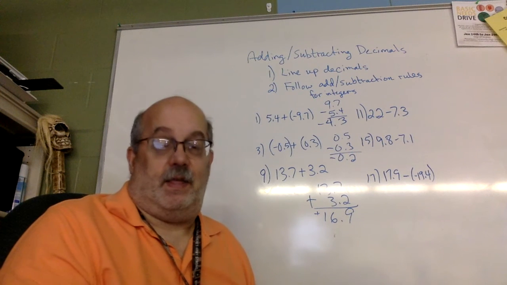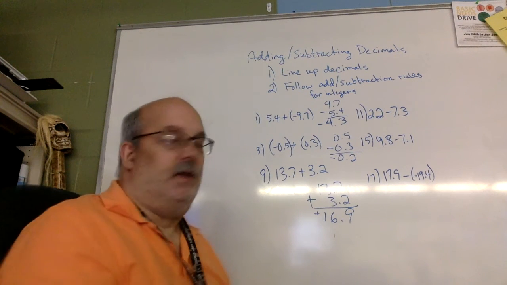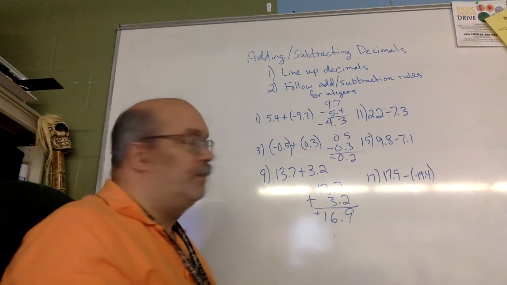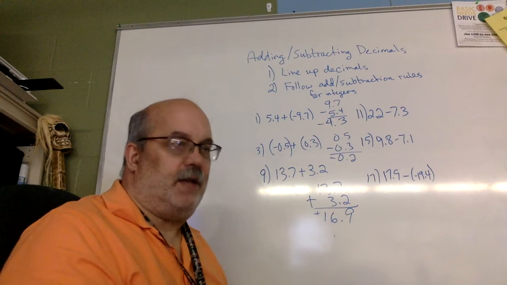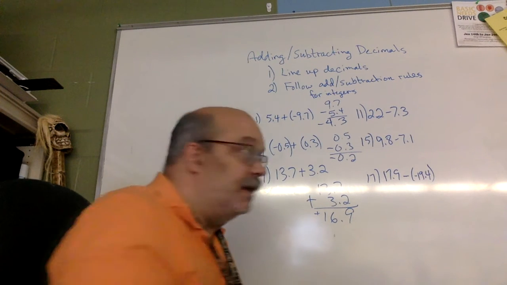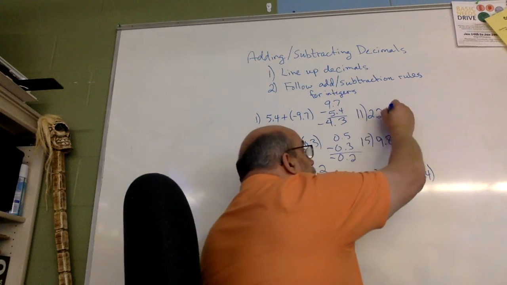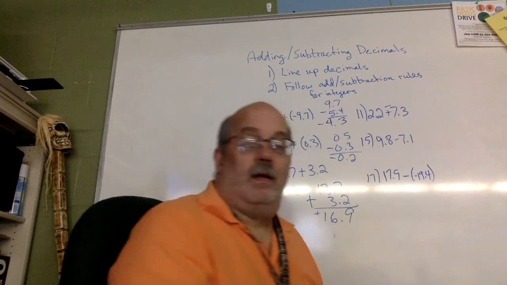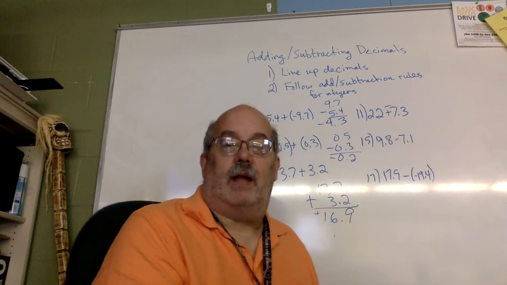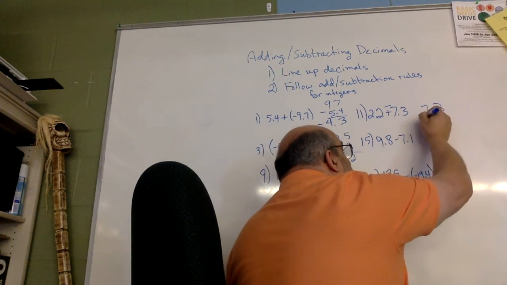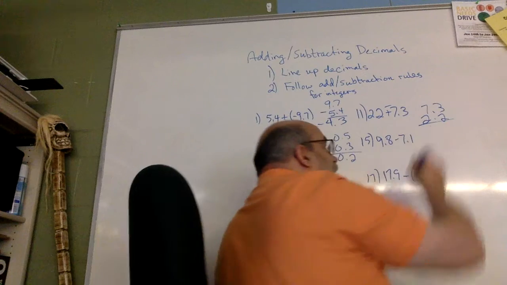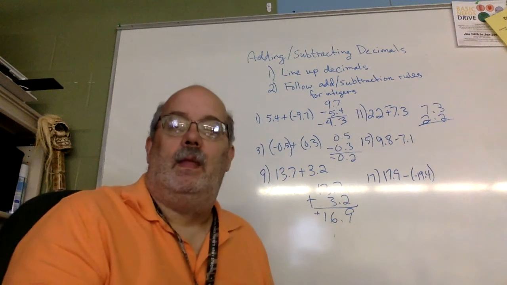Moving to our next one, 2.2 minus 7.3. This is a subtraction. So we're going to change the minus to a plus, and we will change the second number's sign. Okay. So now let's line up our decimals. 7.3 over 2.2.